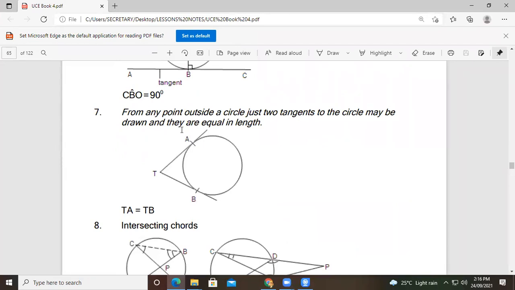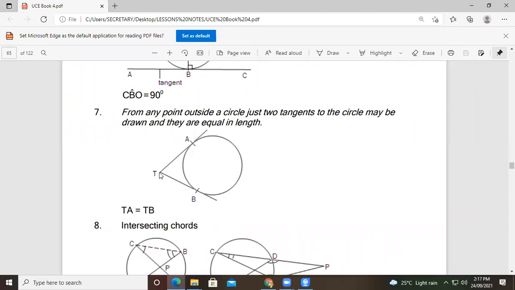So if two tangents are drawn from one point outside the circle, it means that those two tangents are equal in length if all of them come from the same point. So point T is the point that is common to the first tangent TA and the second tangent TB.